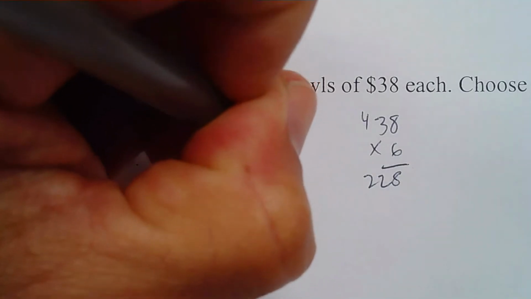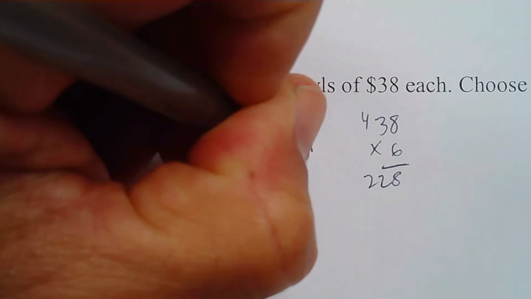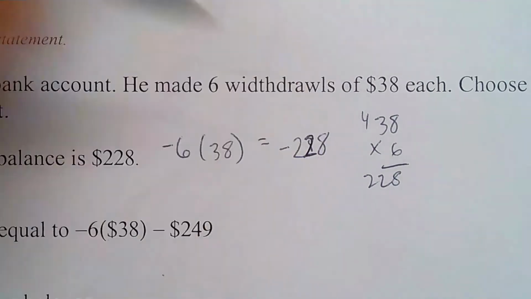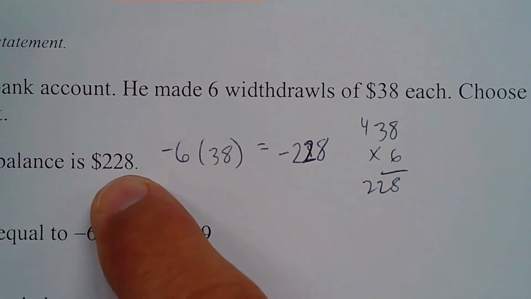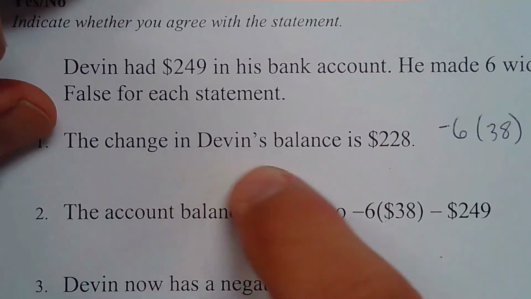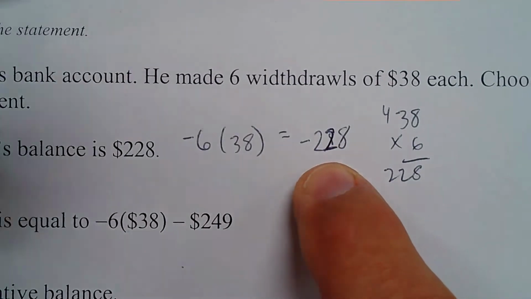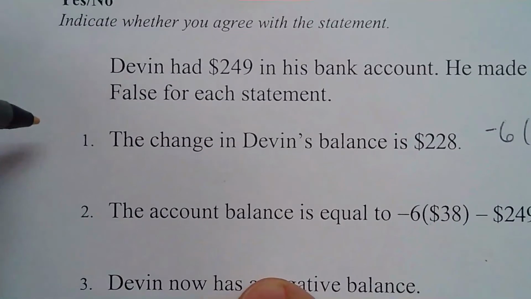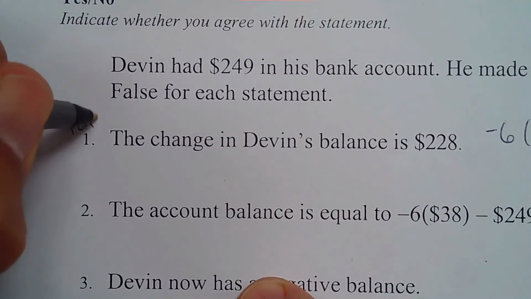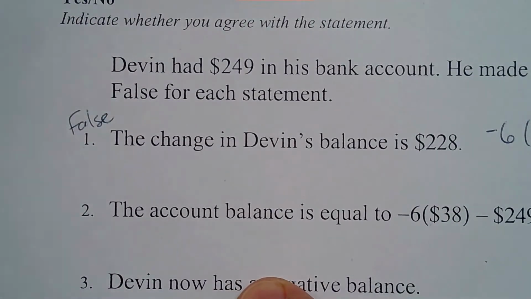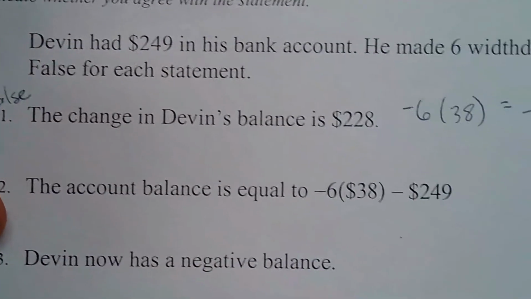But it's supposed to be a negative $228. So see, the change is, he didn't go up $228. He went down $228. So that would be false, or no, didn't happen.